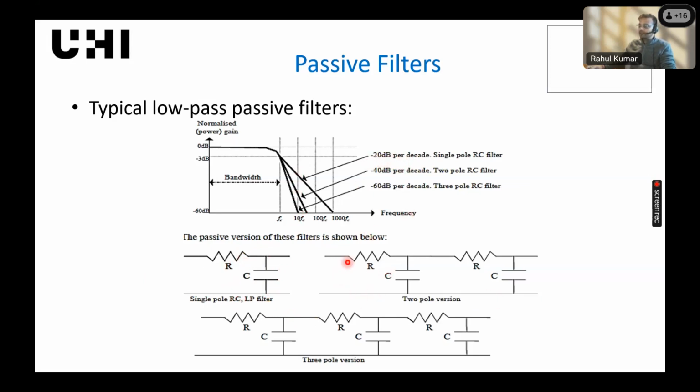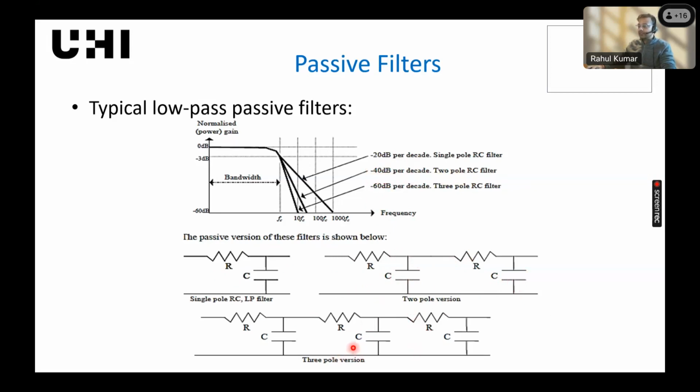Now you can combine two RC filters together, something like this, and that's called a two-pole RC filter. It will increase the slope. So if you have a two-pole RC filter, the slope will be minus 40.